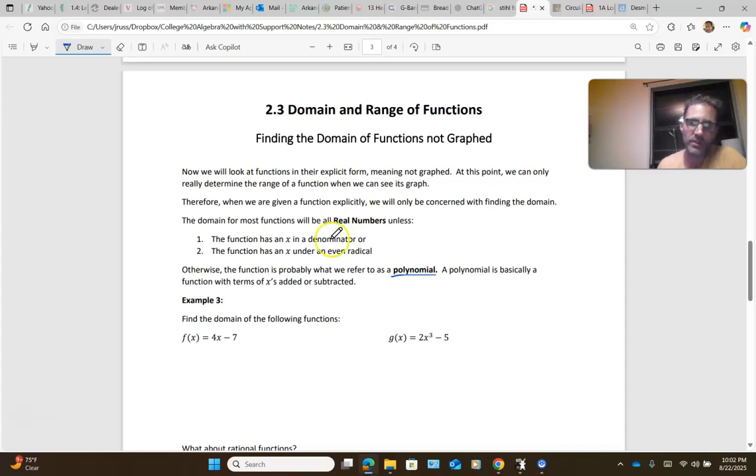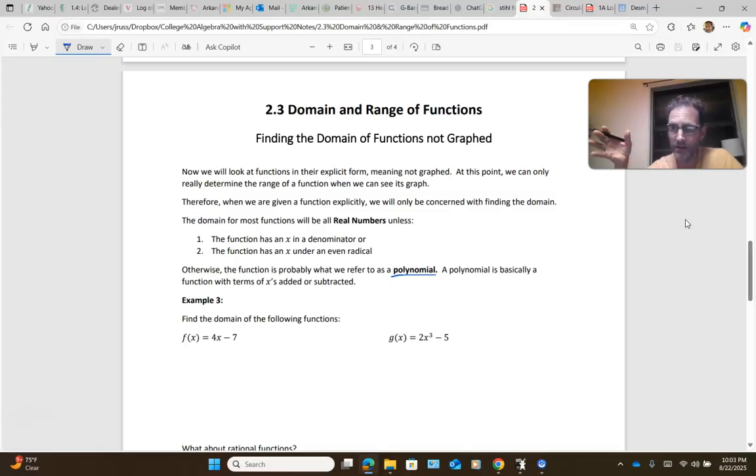There's really just a couple cases in which the domain is going to be anything but all real numbers. Most of the functions that we're going to encounter, their domains will be all real numbers.